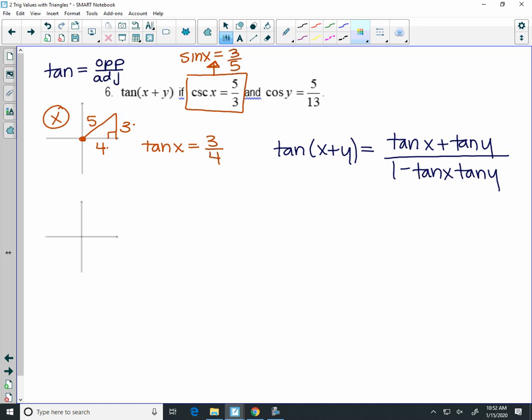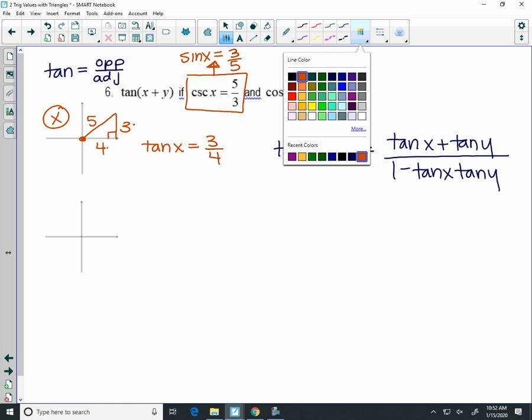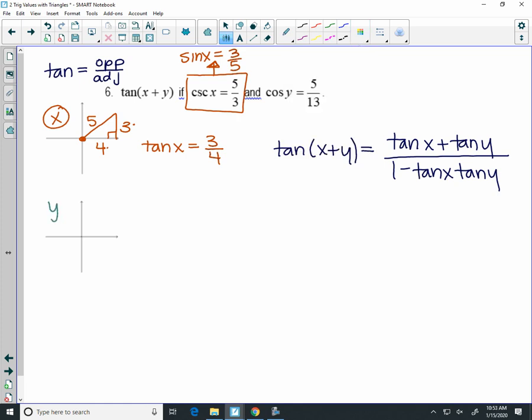All right, let's do our y triangle. For y, we're given cosine. Cosine is adjacent over hypotenuse. This may also be a triangle that comes back to, yep. If not, again, that's okay.